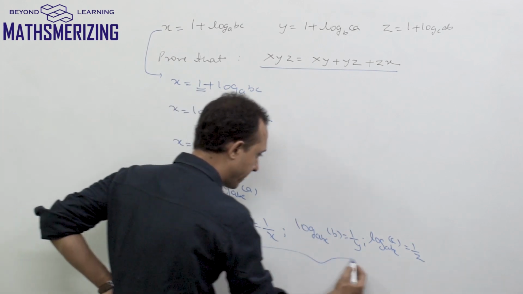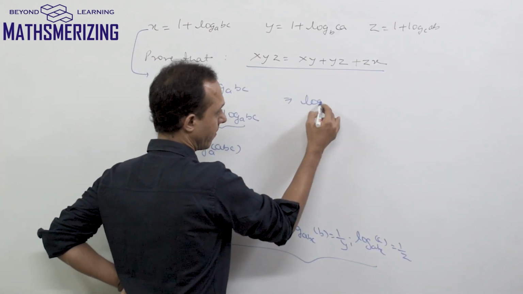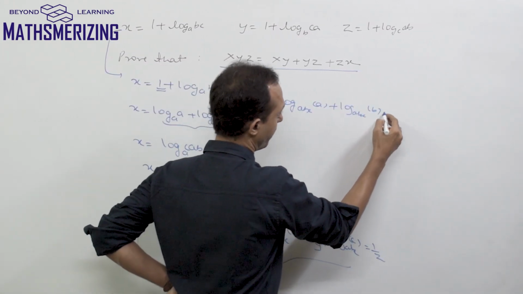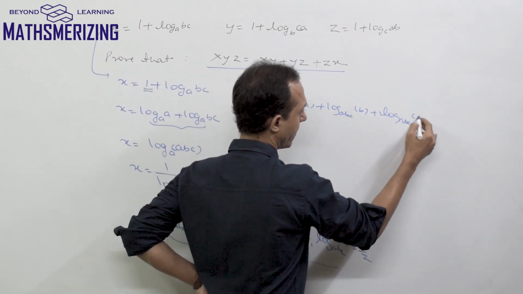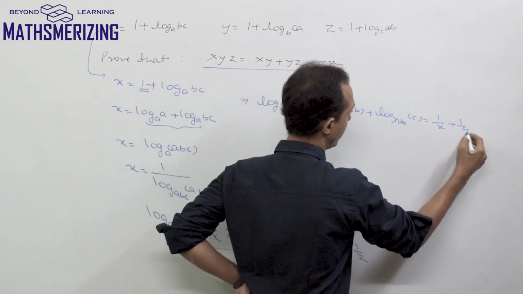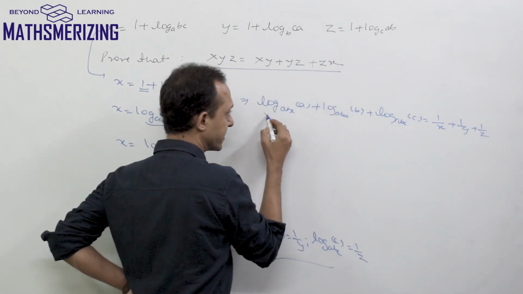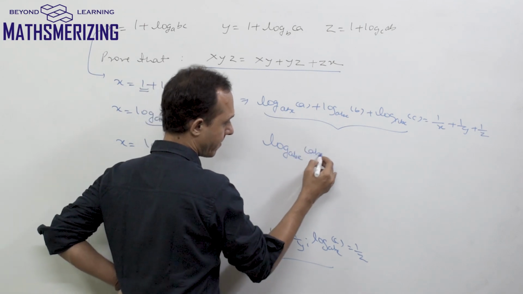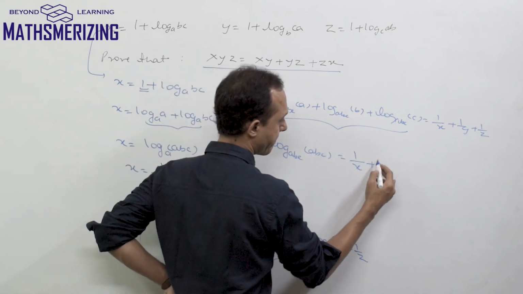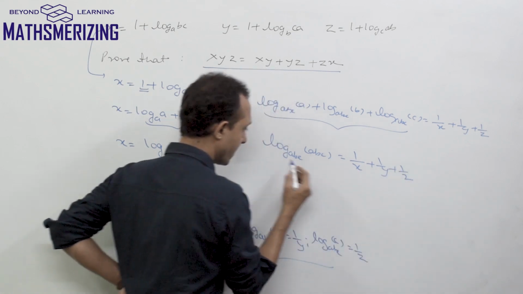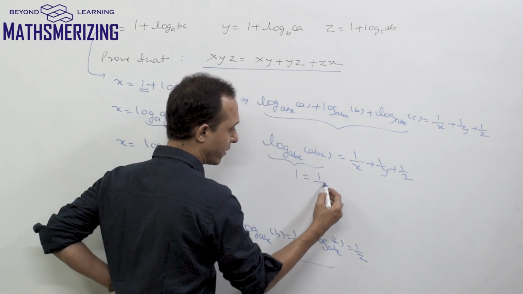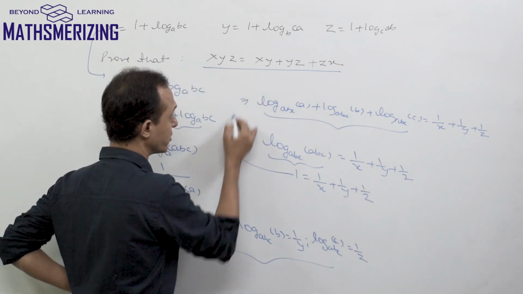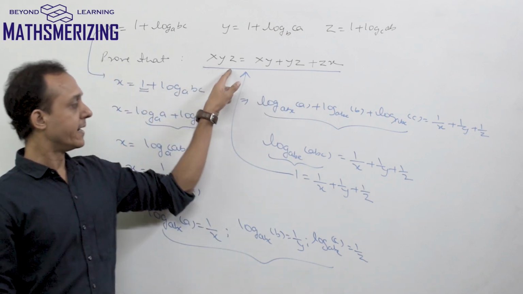So if I add them up, I'll get log a plus log b plus log c as 1 upon x plus 1 upon y plus 1 upon z. Now this is log m plus log n, which is log m into n. Now log a base a is 1, so I'll get 1 equals 1 upon x plus 1 upon y plus 1 upon z. If I take the reciprocal and solve it, I'll get the result as xyz equals xy plus yz plus zx.